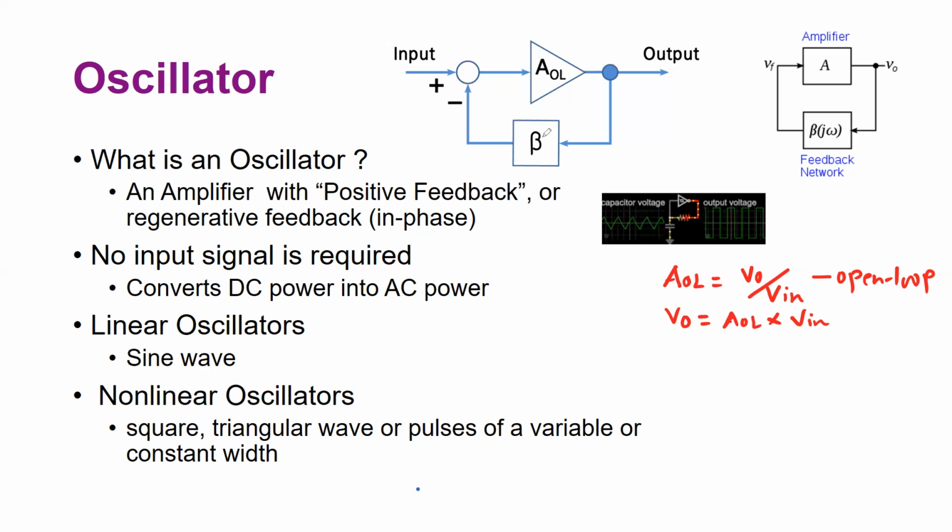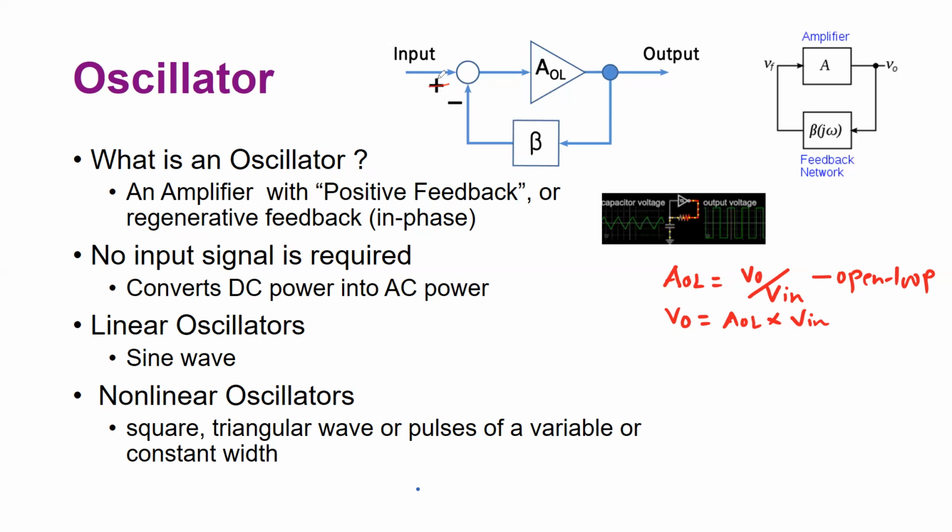Usually the amplifier block is composed of transistors, and the feedback block is composed of resistors, capacitors, or a combination thereof. The output signal becomes the input to the feedback network, and then the output of the feedback network gets mixed. Here there is a mixer, and it gets mixed along with the input.